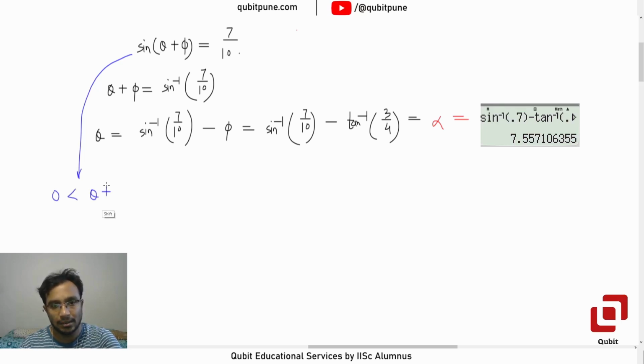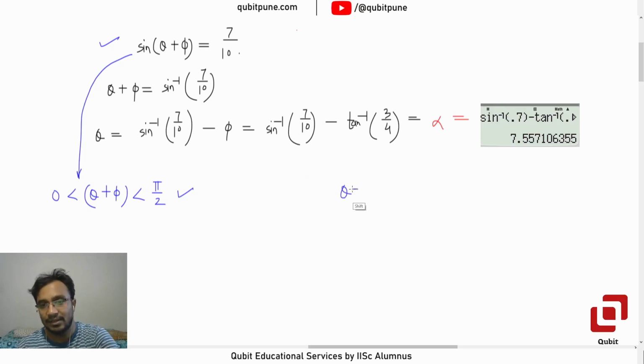Either theta plus phi is between 0 and pi by 2, which we already considered, or theta plus phi is between pi by 2 and pi, because in the second quadrant also the sine of any angle is positive. But then how can we get the other value, beta?